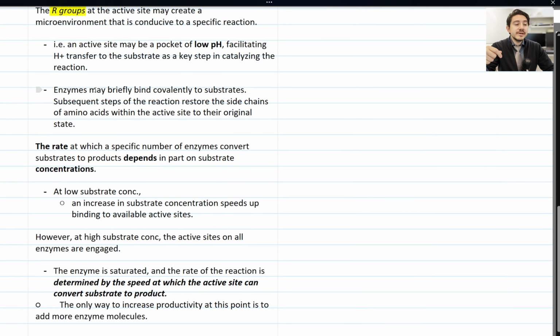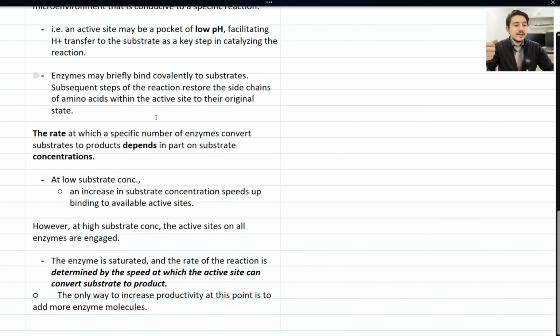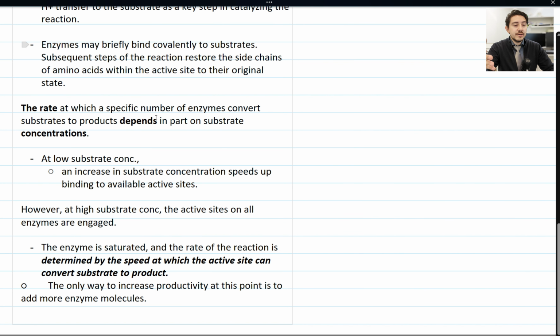Some enzymes can briefly bind covalently. This might be a little bit of overkill of information, but just to know, they can bind covalently to substrates, and later on those side chains of the amino acids are restored to go back to their original conformation.